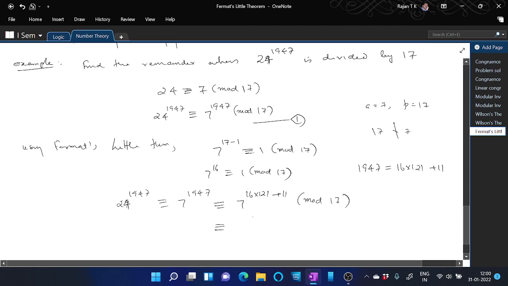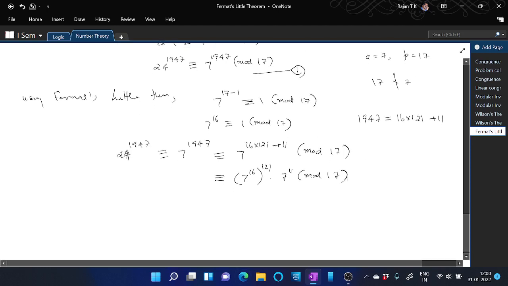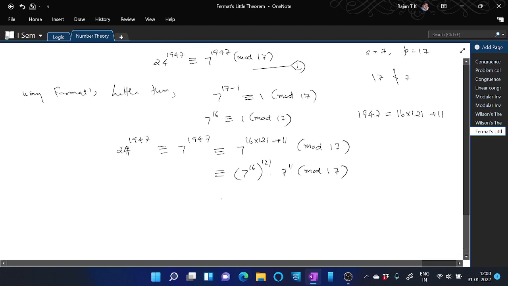Again it is congruent to 7 raised to 16 raised to 121 into 7 raised to 11 mod 17. Now 7 raised to 16 is congruent to 1 mod 17 by 2. So this is congruent to 1 into 7 raised to 11 mod 17 by using 2.